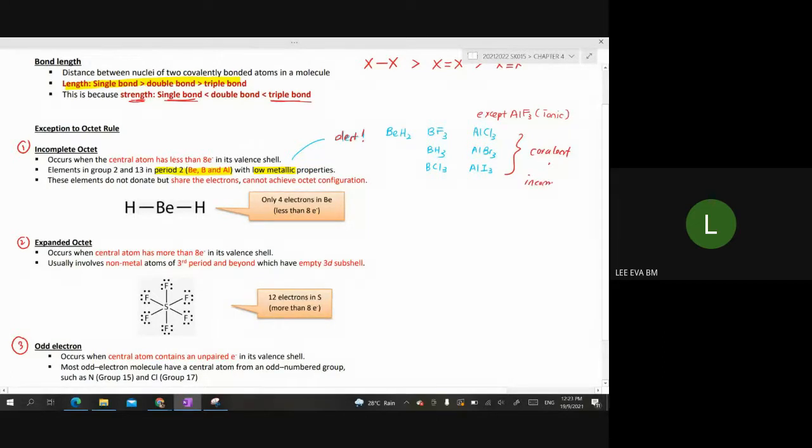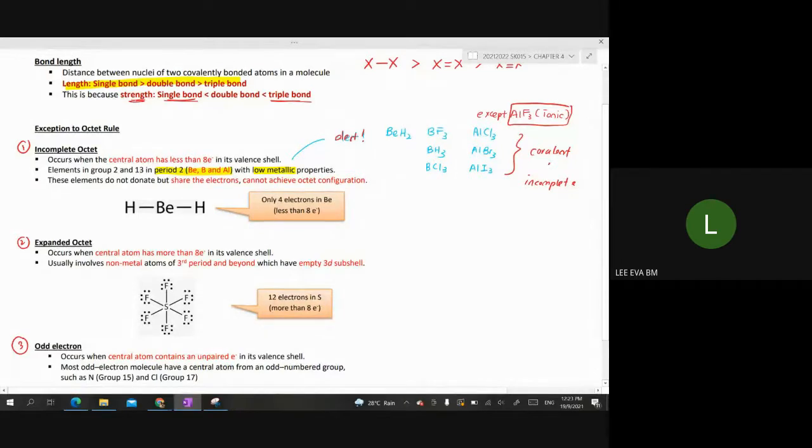But when you come into AlF3, because fluorine has the highest electronegativity, if aluminium pairs with fluorine, it will become ionic. But only this one, there is no other. For aluminium with chlorine, bromine, iodine, all will be covalent.